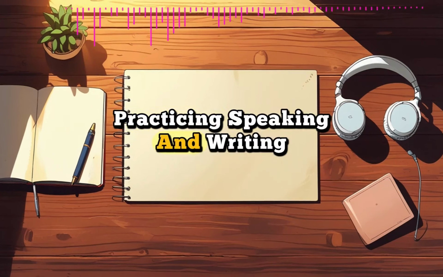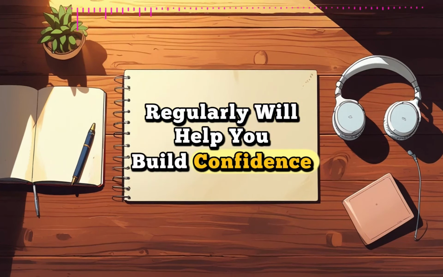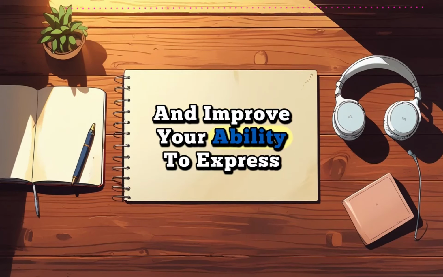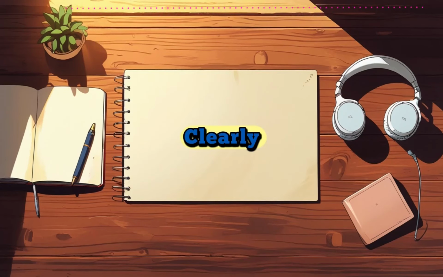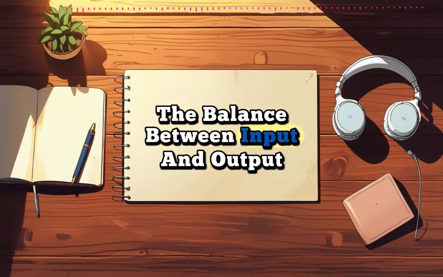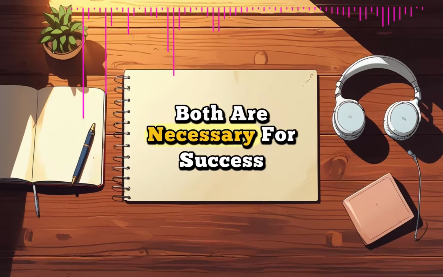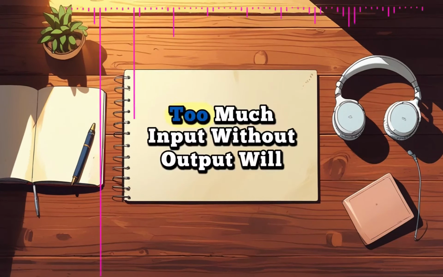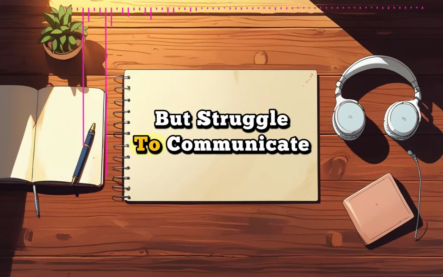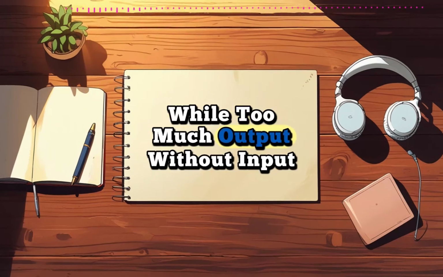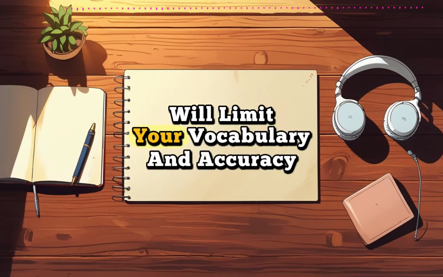Practicing speaking and writing regularly will help you build confidence and improve your ability to express your thoughts clearly. The balance between input and output, both are necessary for success. Too much input without output will make you understand but struggle to communicate, while too much output without input will limit your vocabulary and accuracy.